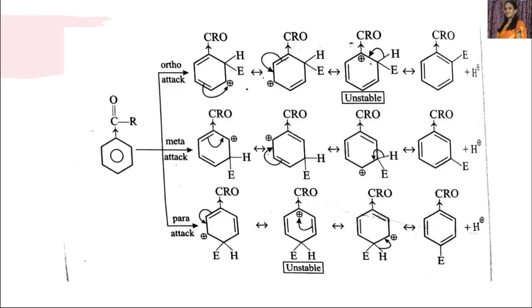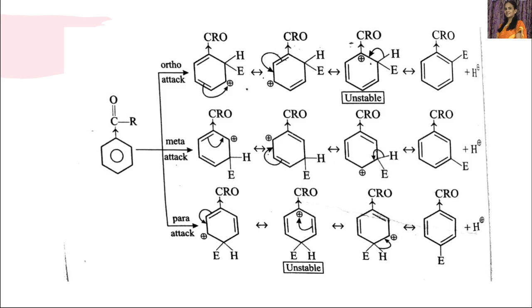In the meta attack, you can see the positive charge is not present on the first carbon atom in these structures. Because of that reason, meta attack is more favored and no unstable structure is present here.